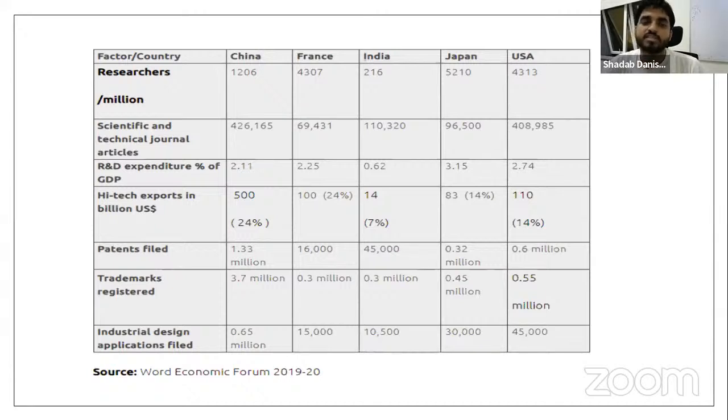So this shows the stark reality, and there is a difference between these two economies in where we actually stand in terms of innovation, although we have done better in the past 10 years in terms of the Global Innovation Index. There is still a big gap when it comes to patent filing and innovation. And maybe the ecosystem is not properly in sync.